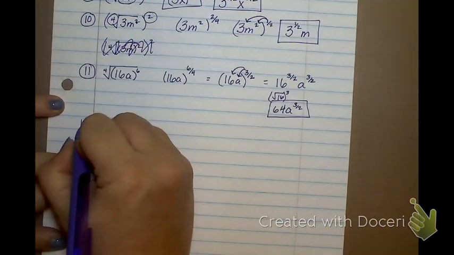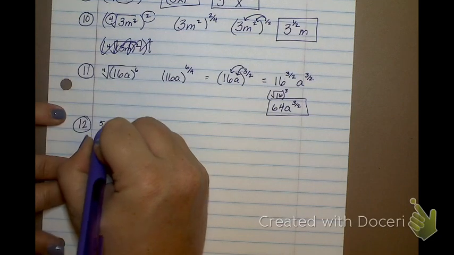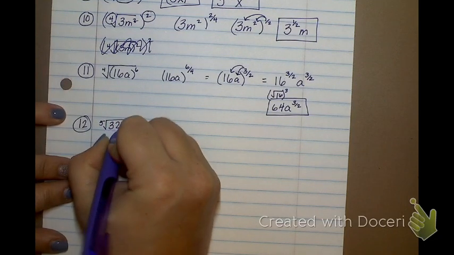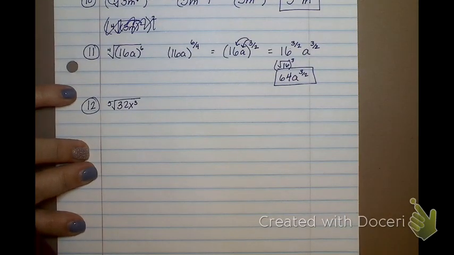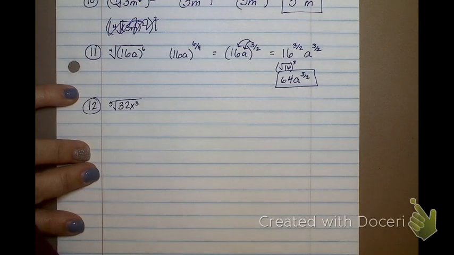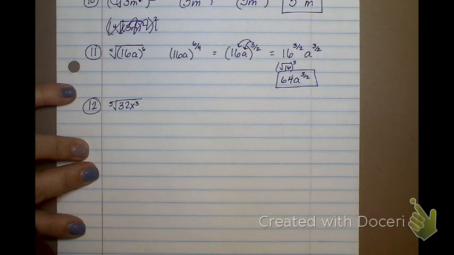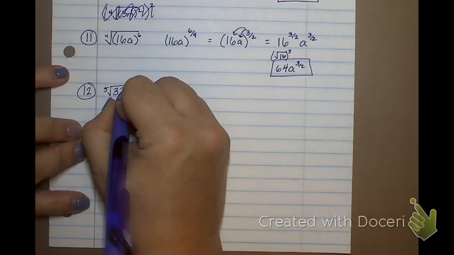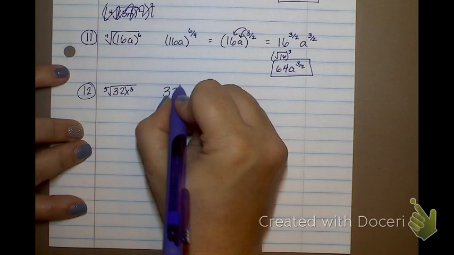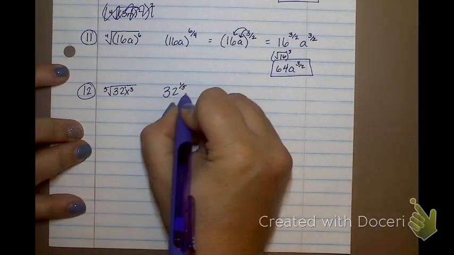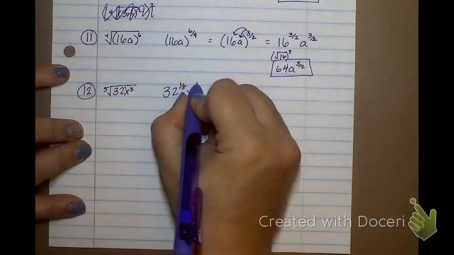All right, moving right along. 5th root of 32x cubed. Does that 32 get the 3 exponent? No. Why not? It's not in parentheses. So what is the exponent on the 32 if it doesn't get the 3? It would just be a 1, right? No exponent means it's a 1, which means that I have 32 to the 1/5 power, but I have x to the 3/5 power.